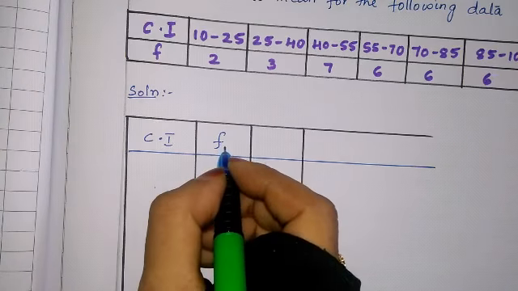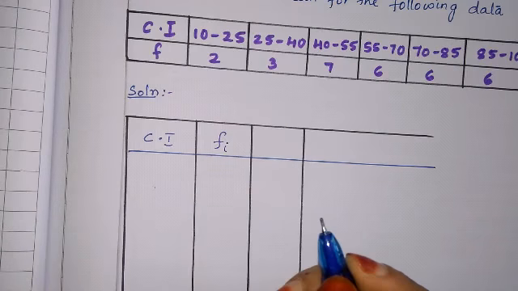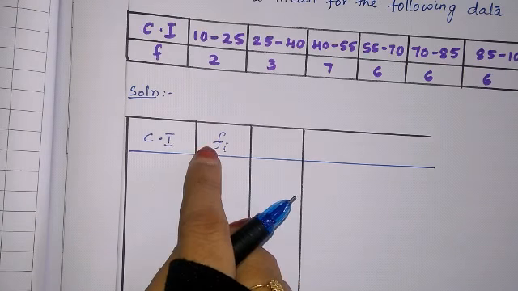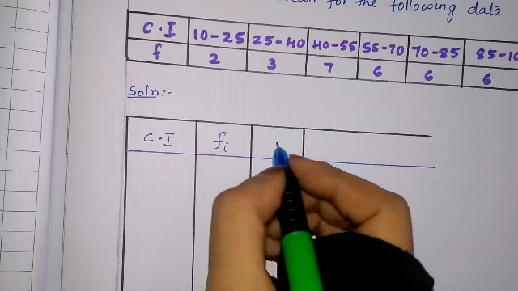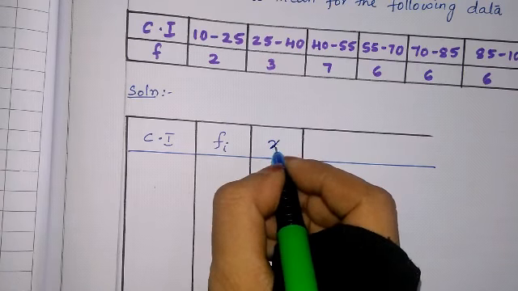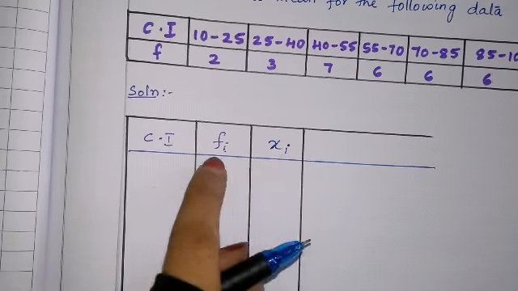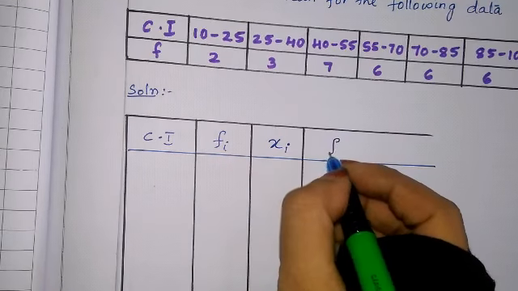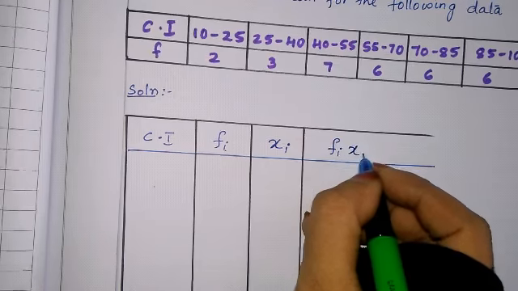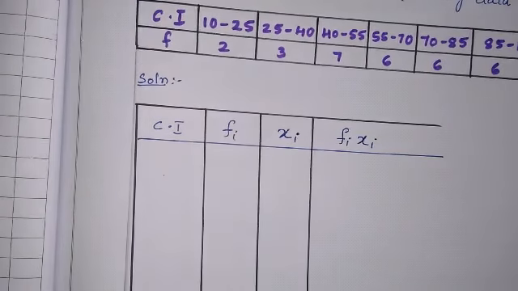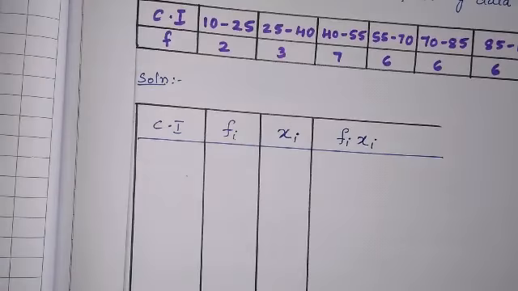So based on the formula we have to write fi, the frequency. Then the next term we need is xi. Then in the formula sigma fi xi, it is fi into xi. So this is the tabulation to find mean.